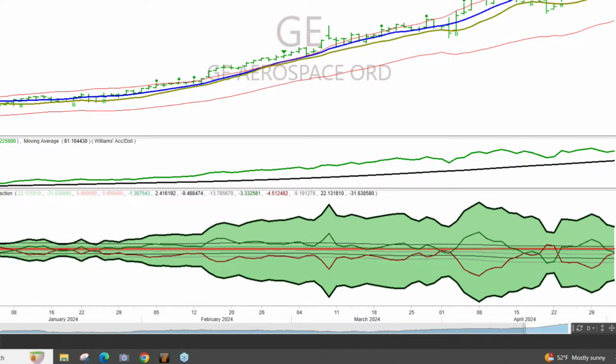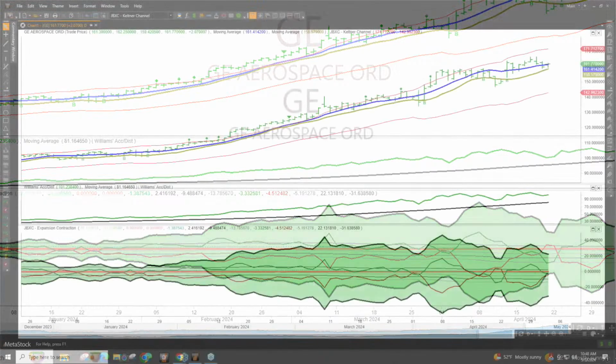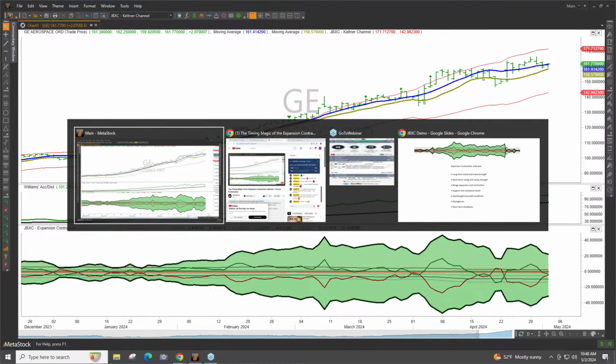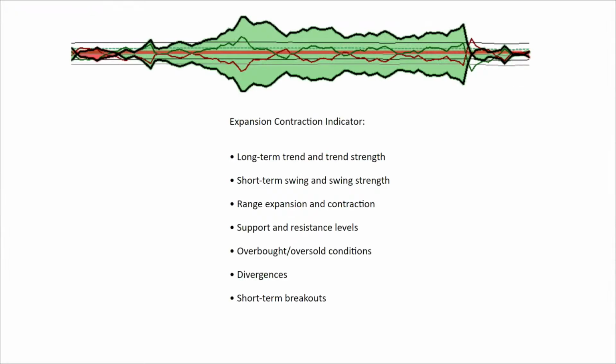So what I wanted to do initially is, Brian had sent me a document that talked about all the different uses they had for JBXC, and they're all listed right here. And it gave me some ideas in terms of what we could do to help make this make sense and make it legible. The expansion contraction, long-term and short-term trend strength, swing short-term strength, range and expansion contraction.